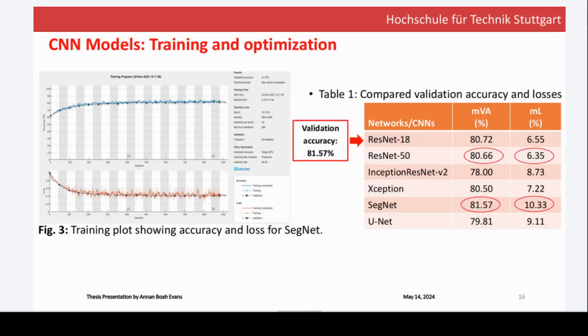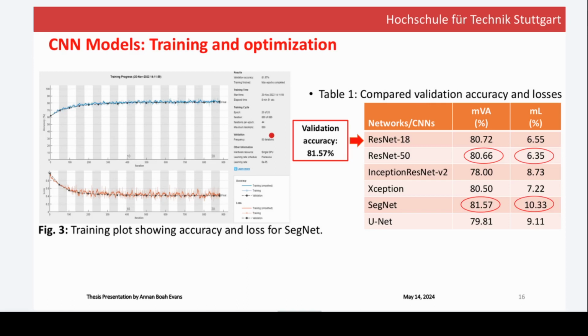Here's a typical graph for training a neural network using a MATLAB-based framework and the optimization. Looking at the graph, the blue section is telling us the training part of the entire deep learning model. So I used SegNet in my case. While it is training, I told you, you should know the loss function, because achieving reliable accuracy also depends on the loss function. So I put this table there to compare the validation accuracy and losses of the various neural networks which I used.